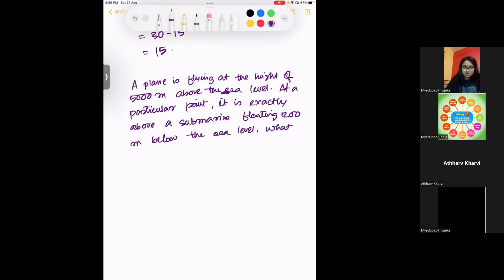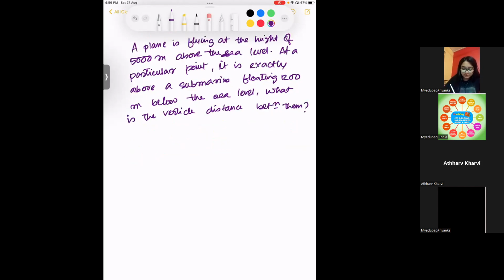What is the vertical distance between them? Okay, so suppose this is the sea level. This is the plane, floating 5,000 meters from the sea level. So will it be plus 5,000 or minus 5,000?